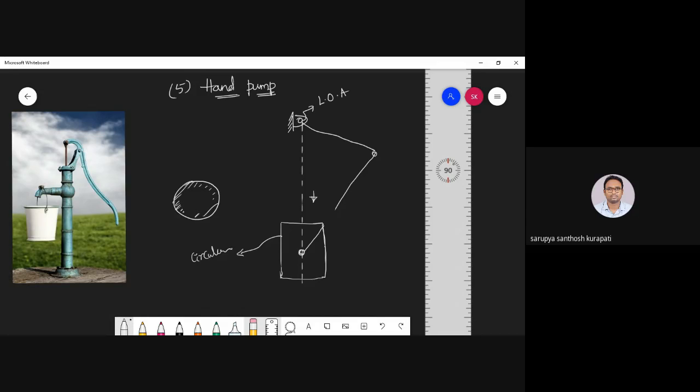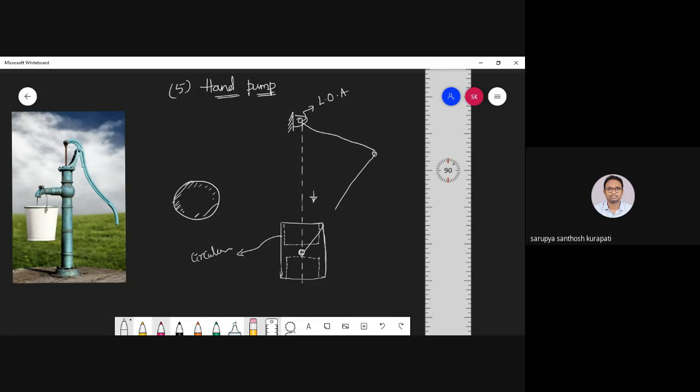Not to the bottom, only up to this much. So it's like a counter bore operation. Similarly, at the bottom also I'm going to do the same thing. I hope you got it right. Yes, sir. So some part of the material is removed from the top, and also from the bottom.